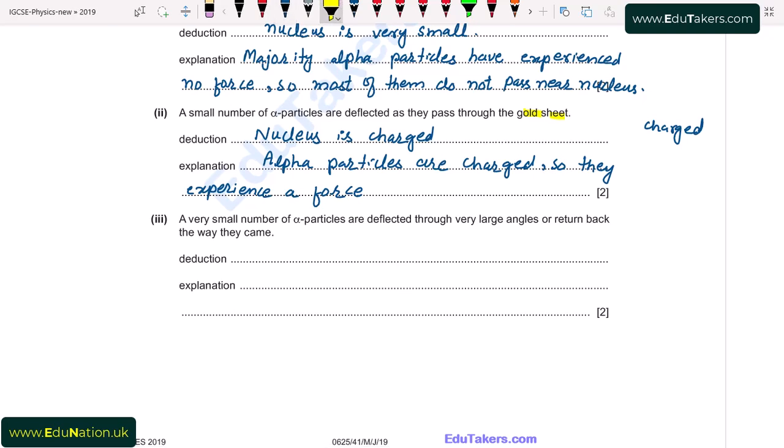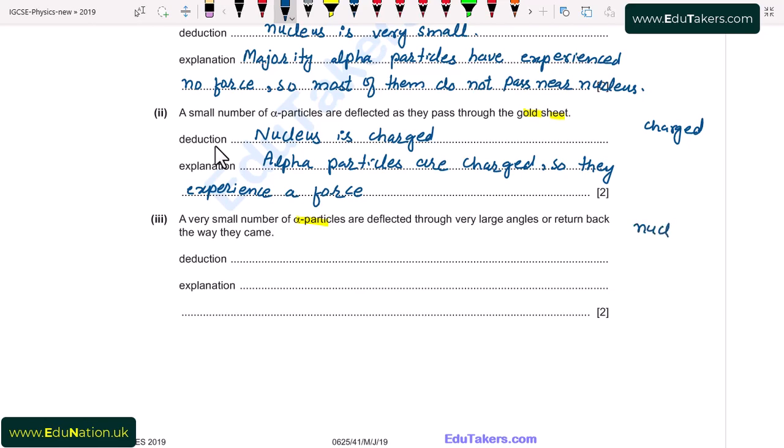Part 3. A very small number of alpha particles are deflected through very large angles or returned back the way they came. Deduction and explanation. So here some of the alpha particles are deflected at large angles and they come back the way they came. So it means that the nucleus is very massive as compared to the alpha particle.